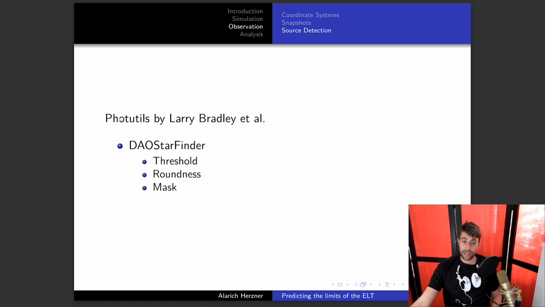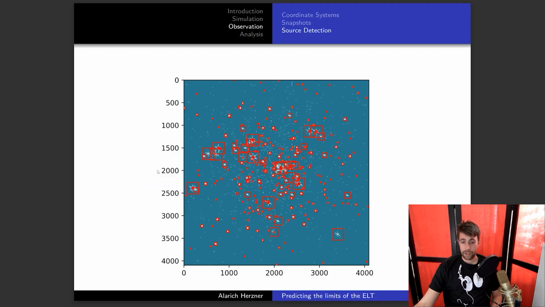So for that, I used yet another Python package. Was somewhat forced to use that. It's called photutils, and more specifically, I used the method DAOStarFinder. There are some relevant parameters regarding this method, but most importantly for us here, what I want to talk more about is the masking. So what is masking?